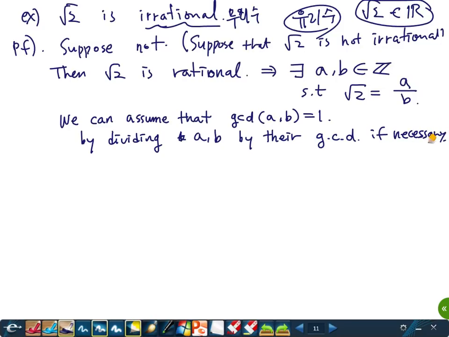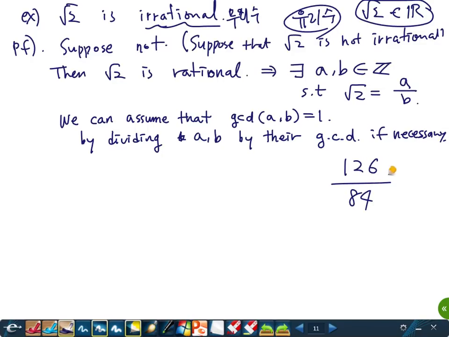Basically you have a rational number, a fraction, but you don't know which fraction, so maybe it can be something like 6 over 84.